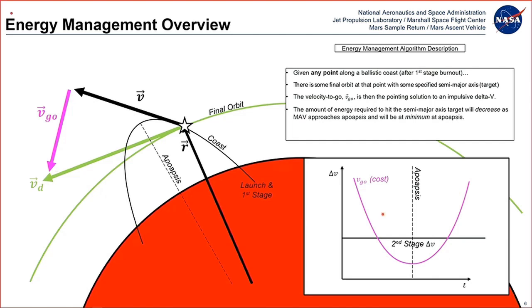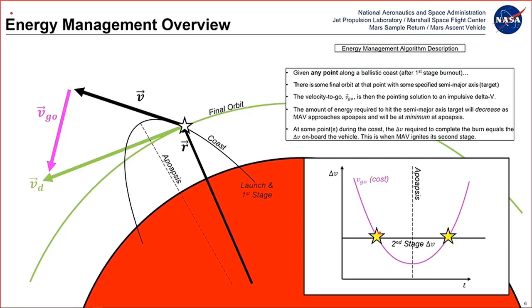What we can do is design and size the 2 stages of our vehicle such that at some point the velocity to go magnitude is equal to the delta V on board the second stage. At which point that essentially gives us authority to light the candle, so to speak.